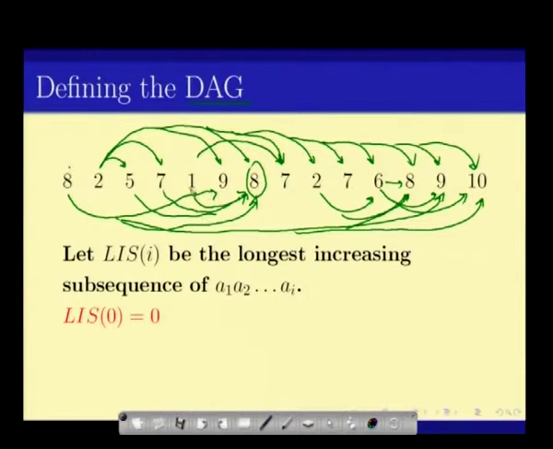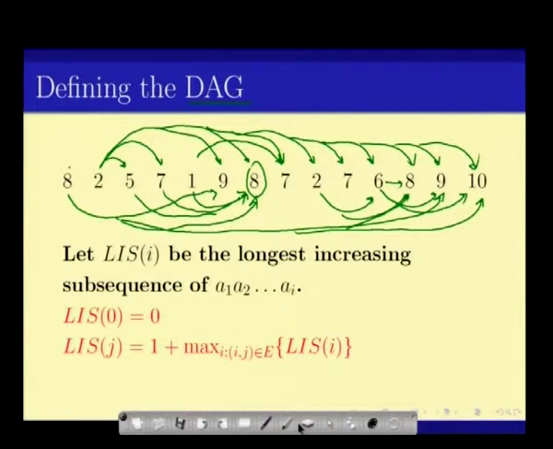So, it must be the longest increasing subsequence at 1 or at 7 and so on, or it can be the longest increasing subsequence right at this point. So, in other words, the longest increasing subsequence at j will be 1 plus the maximum of LIS(i), where (i, j) is an edge, and the longest increasing subsequence at i.